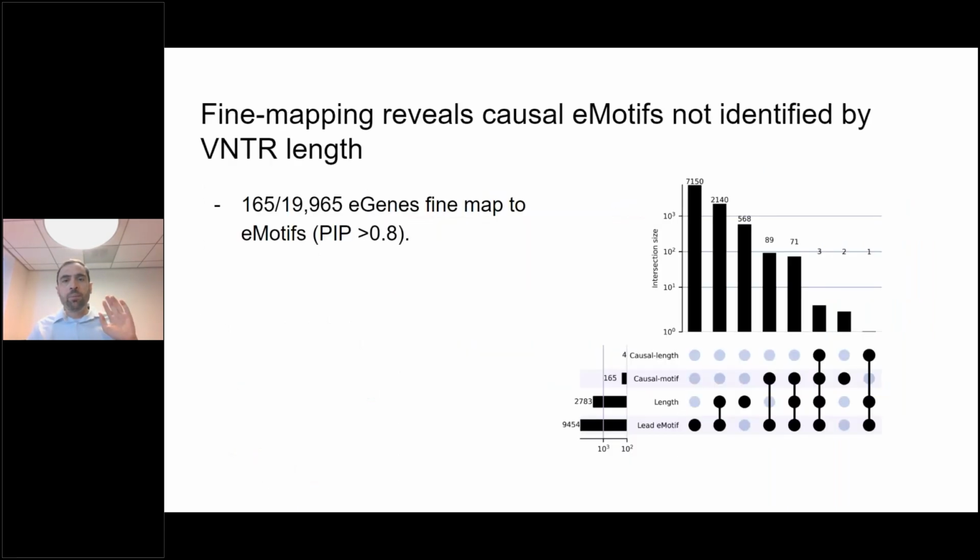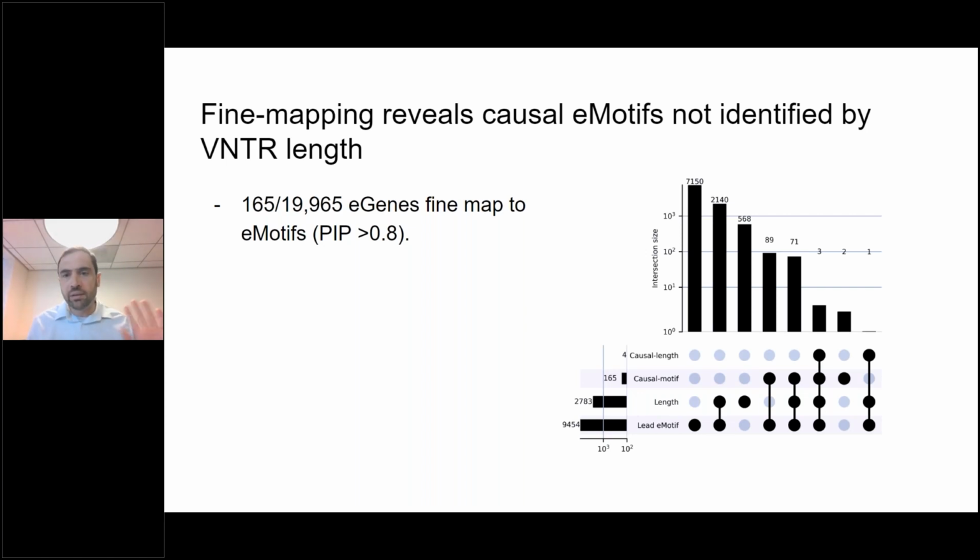So the 25,000 cis-eQTLs represent a large number of loci that are just in LD with other causal SNPs. And what we find if we run fine mapping is a much smaller fraction, but a non-zero number. About 165 eGenes are fine mapped to motifs with at least this PIP value.